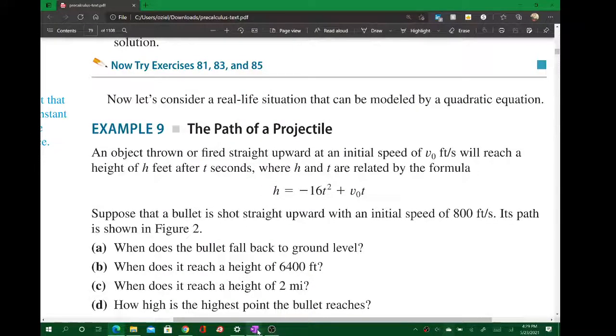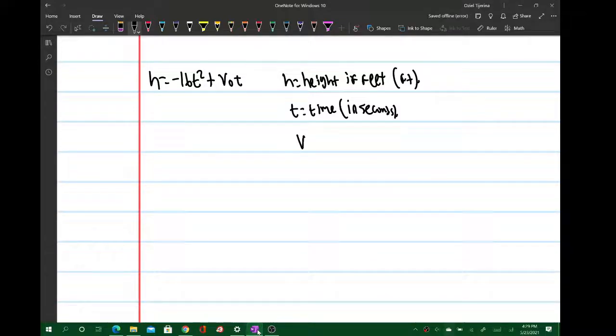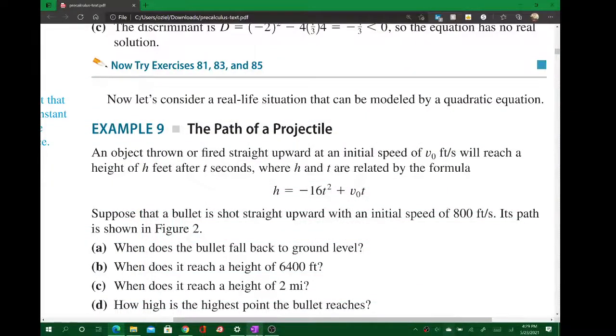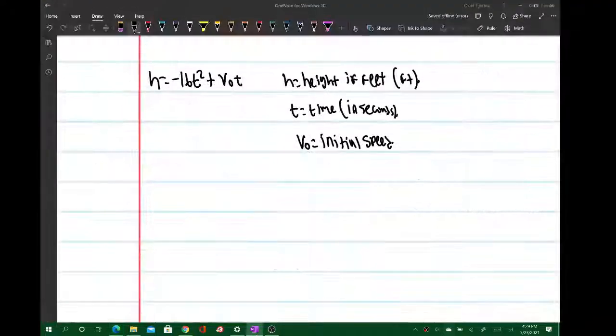V0 is the initial speed, or you can also say v sub 0, but they call it v0. This is the initial speed in feet per second, right?